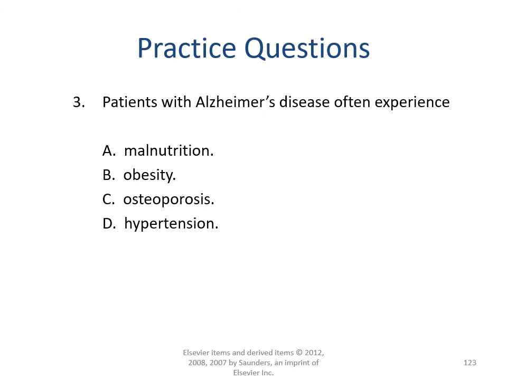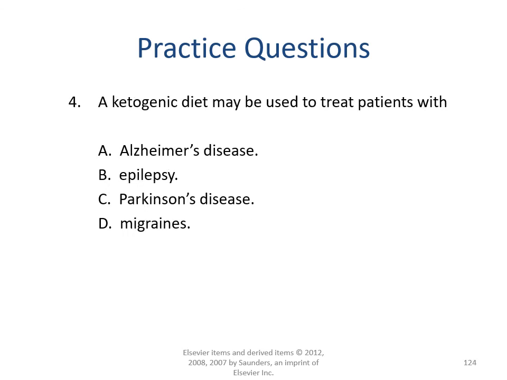Patients with Alzheimer's disease often experience, and this is answer choice A, malnutrition. A ketogenic diet may be used to treat patients with, and this is answer choice B, epilepsy.